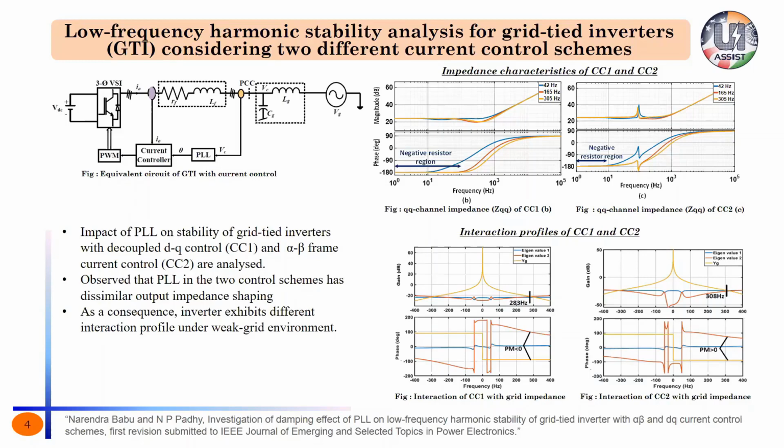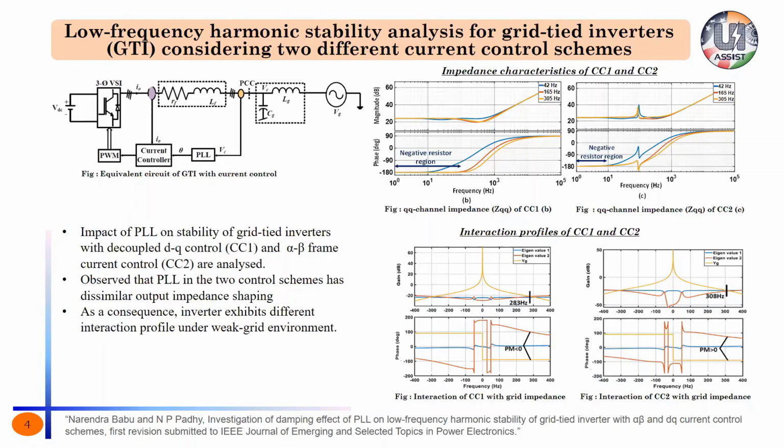In this study, we are analyzing the interactions between inverter output impedance and grid impedance. Our main analysis will be on the inverter output impedance, because grid impedance is basically passive elements connected across the PCC. The inverter impedance, looking from the PCC, is very much dependent on the damping offered by its control loops.